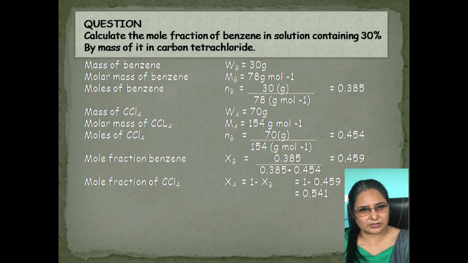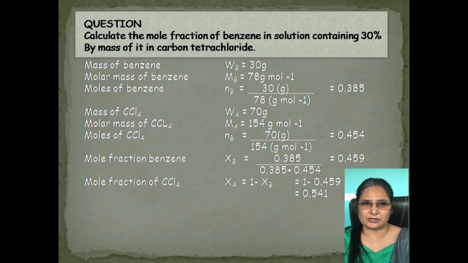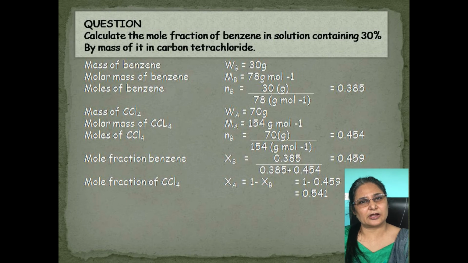So now what is the mole fraction of benzene? Mole fraction of benzene Xb is equal to the number of moles of benzene upon the number of moles of benzene plus the number of moles of carbon tetrachloride. So it is equal to 0.459. So the mole fraction of solute is 0.459. So what will be the mole fraction of carbon tetrachloride?